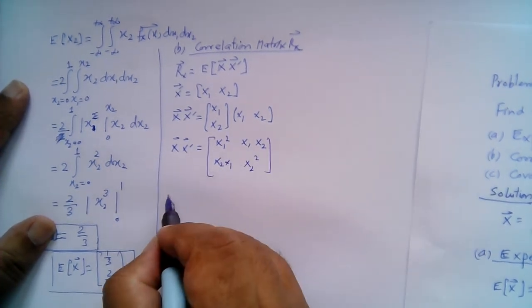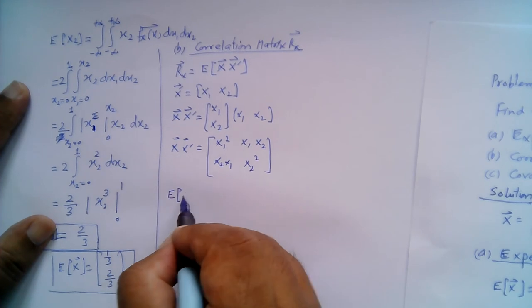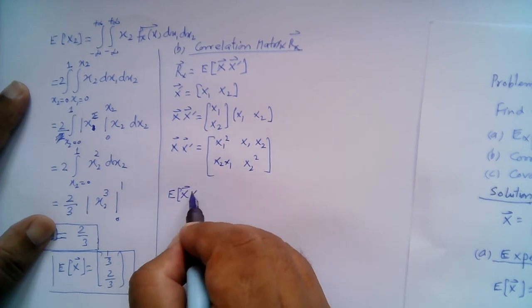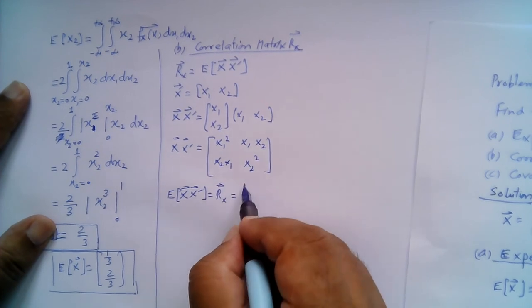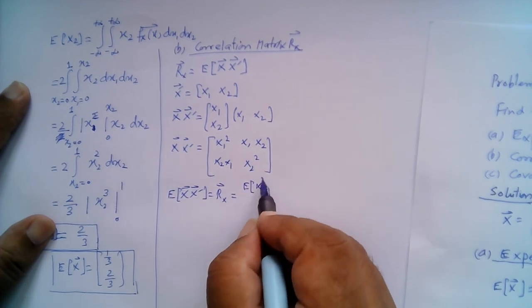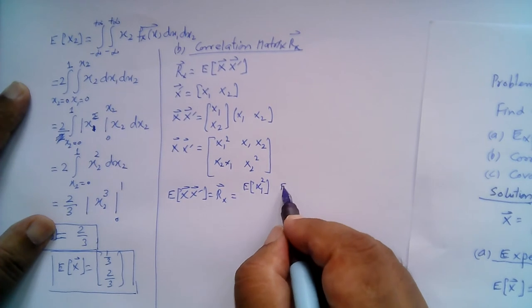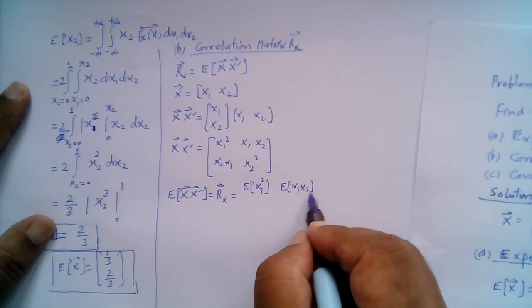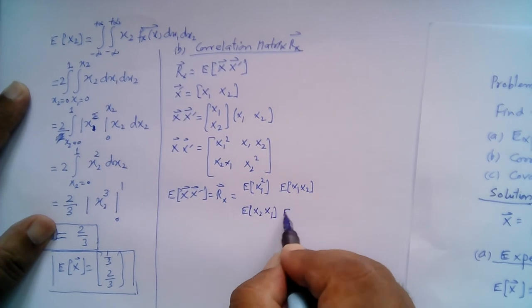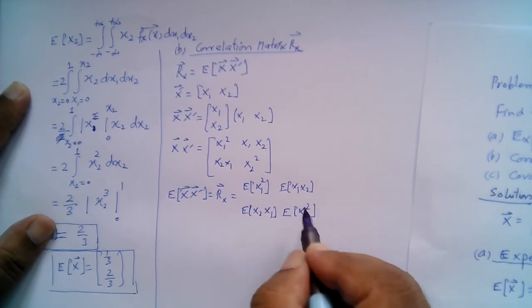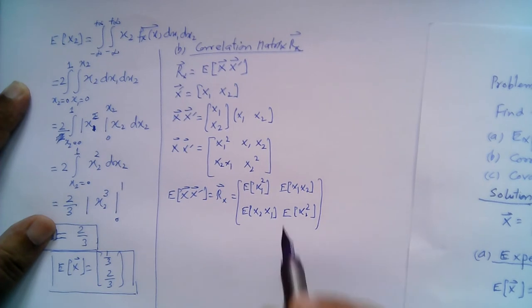And expectation is a linear operation, right? So x bar x dash bar, which is basically the correlation, is given by the expectation of x1 square, expectation of x1 x2, expectation of x2 x1, and expectation of x2 square here. So we need to determine this matrix now.